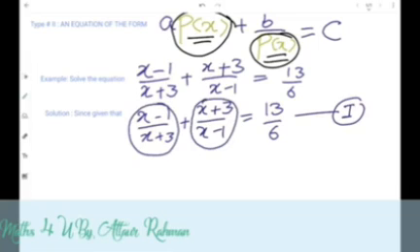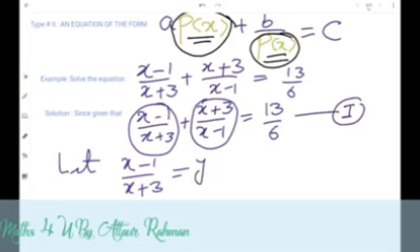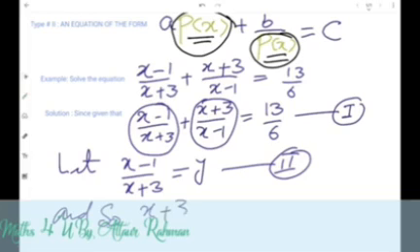So we will let one of them be y, that is (x minus 1) upon (x plus 3) is equal to y, and mark this as our second equation. So definitely (x plus 3) upon (x minus 1) will be 1 upon y, and this will be our third equation. Now it's time to substitute equations 2 and 3 in equation 1.